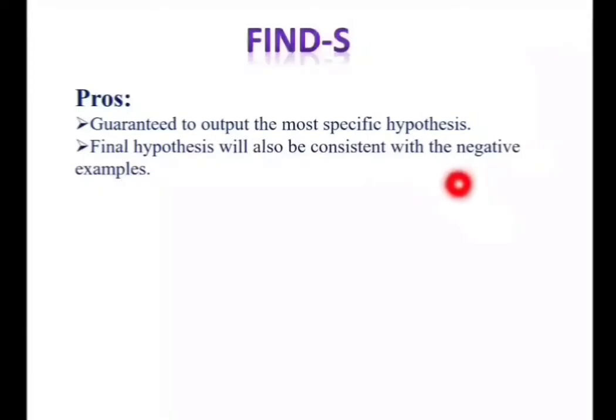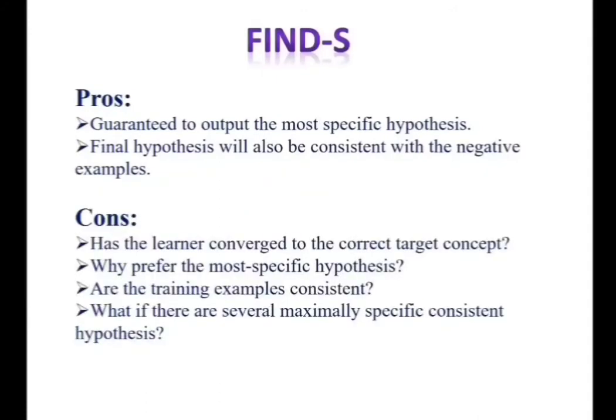The second pro is the final hypothesis is also consistent with the negative examples, provided the correct target concept is contained in hypothesis space H. The cons of the Find-S algorithm: Find-S has no way to find whether there is only one hypothesis or there are many hypotheses consistent with the data.